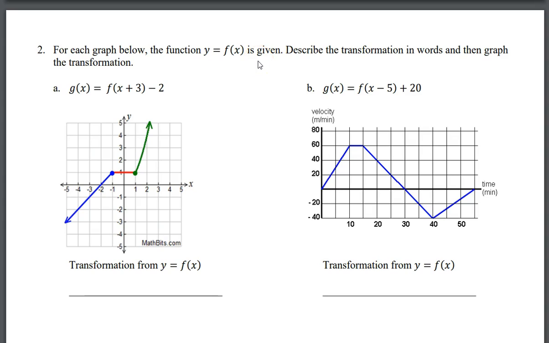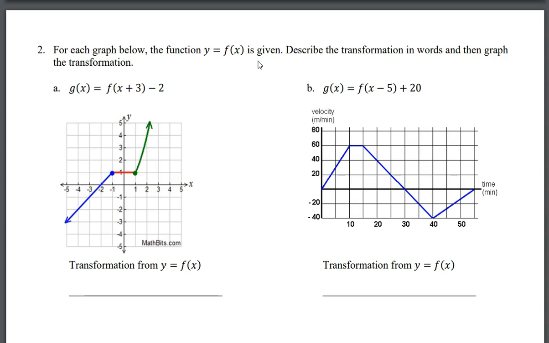Okay, so the last piece of today's notes will be to transform graphs of two functions. So we have the function g of x. G of x is a transformation of f of x. And we're going to look at the equation, determine those transformations, and then move that graph.